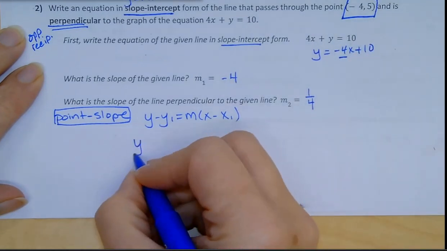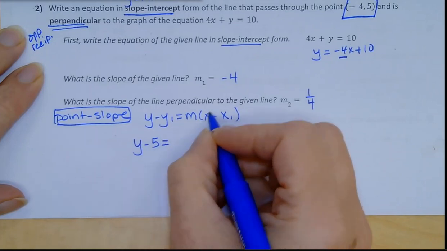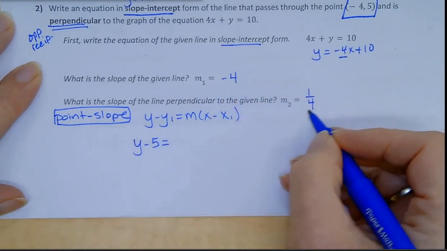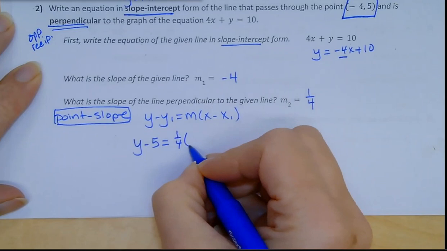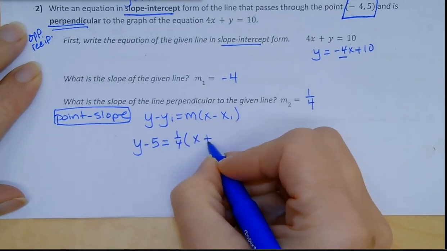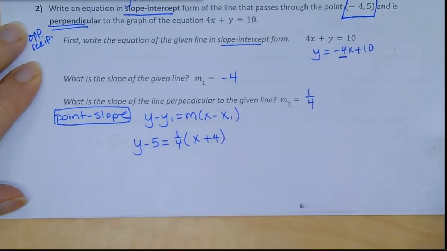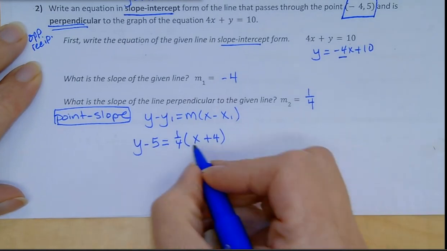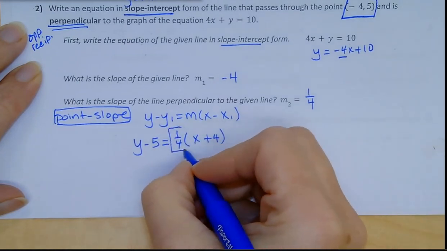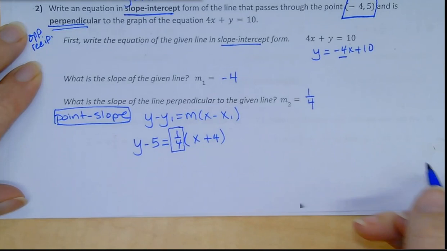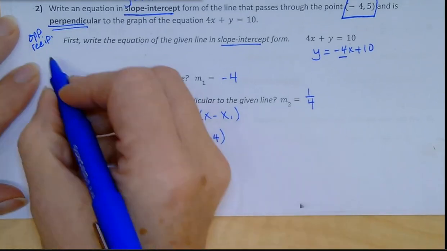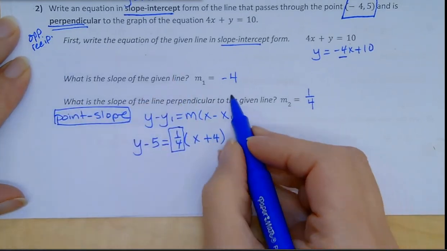So I'm going to say y minus 5 equals my slope that I need, which is 1/4, so it's going to be 1/4 times x plus 4, right? X minus x sub 1. Be careful. This slope that you need in your new line has to be the opposite reciprocal of your original slope.